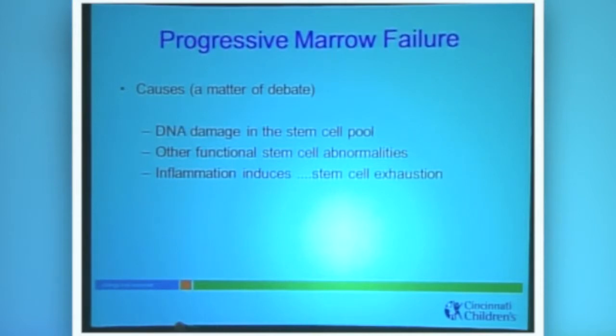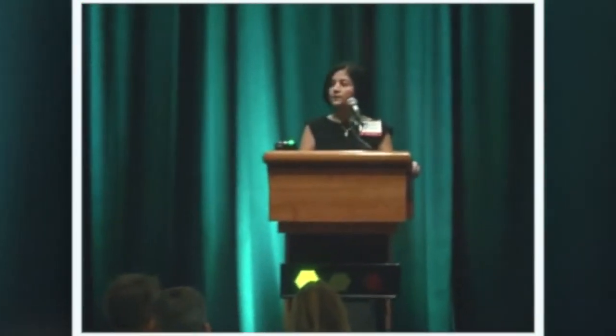Again, what causes this? It's still a matter of debate after so many years of seeing patients, treating patients with Fanconi anemia, doing research on Fanconi anemia. There are different thoughts. People do believe that DNA damage repair in the stem cell pool definitely has a role.